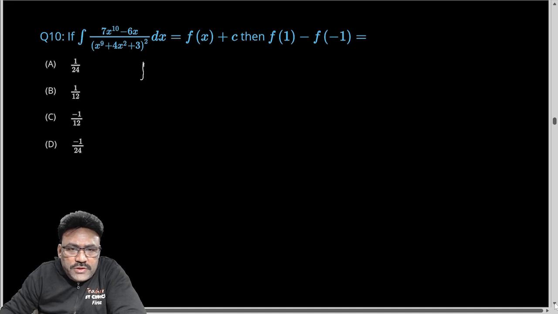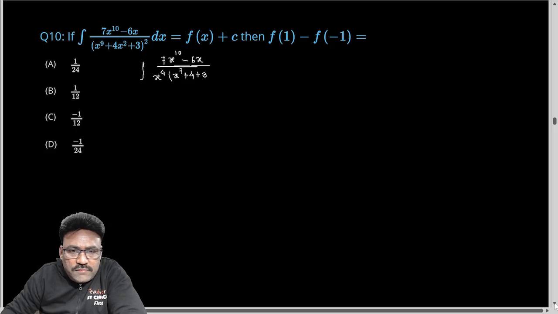it can be written as 7x raised to 10 minus 6x. x square taken common here, so outside the root I will get x raised to 4. Here I will get x raised to 7 plus 4 plus 3x raised to minus 2 whole square dx. It is f(x) plus c.